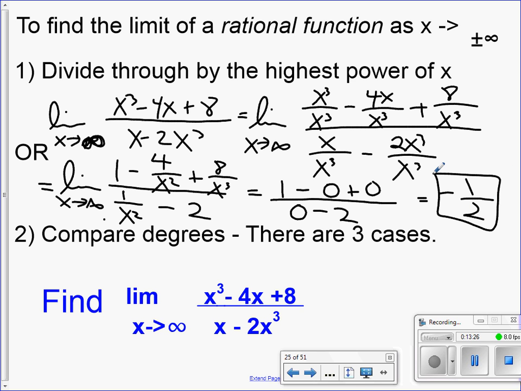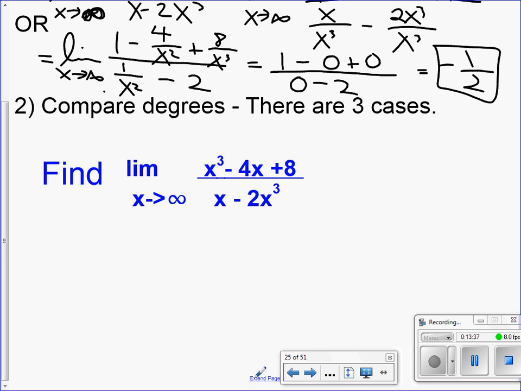I don't think you're going to do it this way because it takes a little time. For the people that did study this last year, you probably remembered a cute little trick by considering the degrees of the numerator and denominator. So this is the same problem. Remember what you do if the degrees are the same, which they are, Matthew?